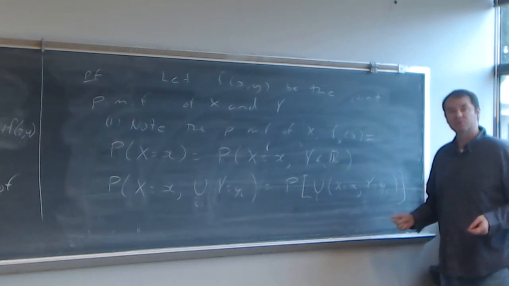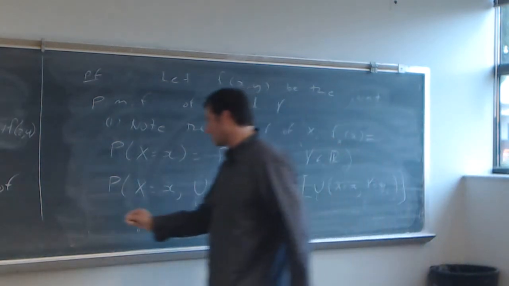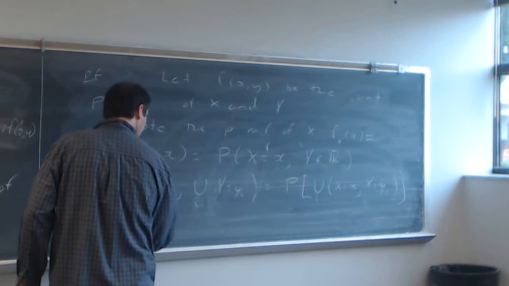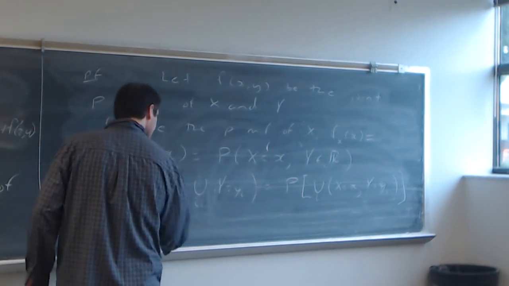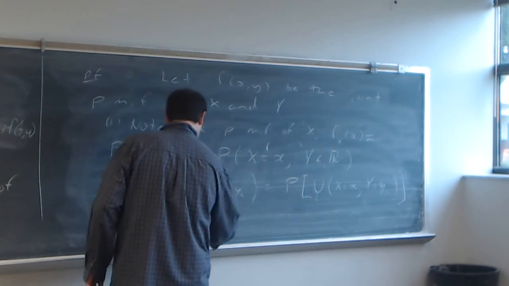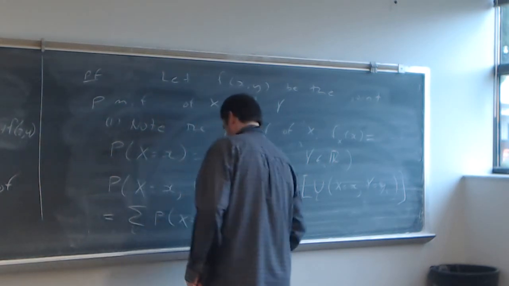Those can't happen simultaneously, so these are mutually exclusive events. And so that equals the sum over all i's of the probability that x is equal to x and y is equal to y sub i.